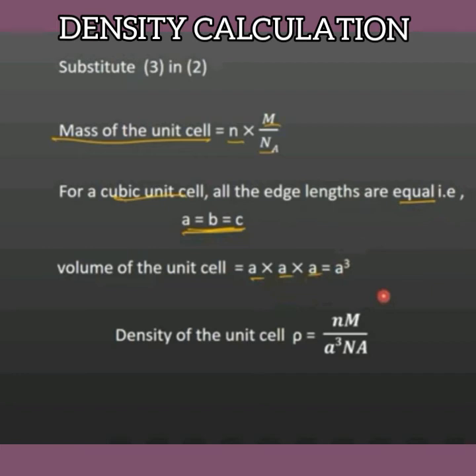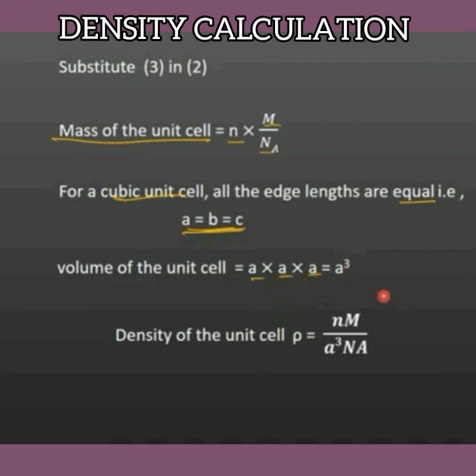So mass of one atom equals capital M divided by Na. Substitute this into the second equation. Therefore mass of the unit cell is equal to total number of atoms, small n, into, instead of mass of one atom, capital M divided by Na. This is the numerator value, considered as the fourth equation.